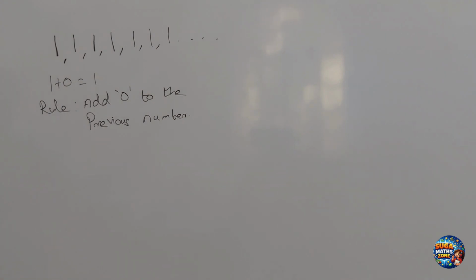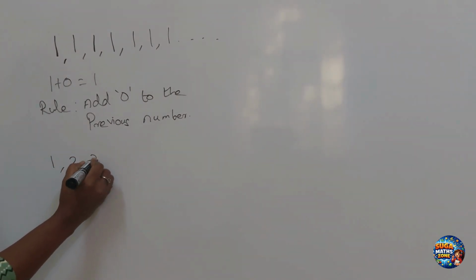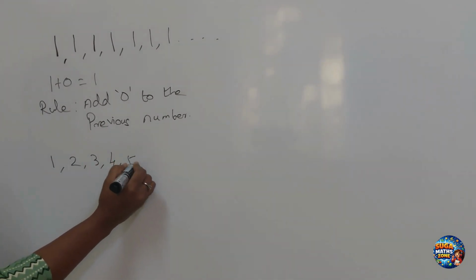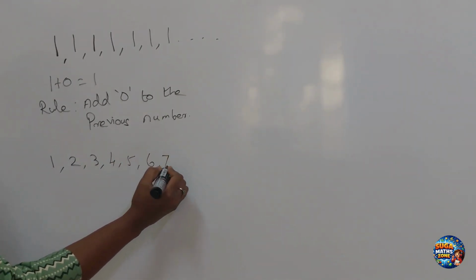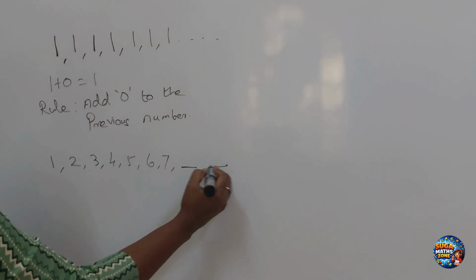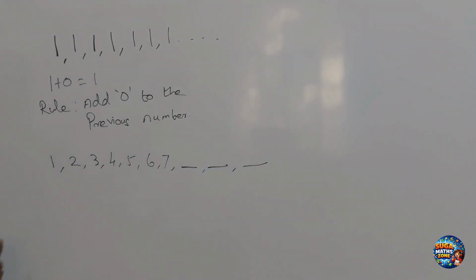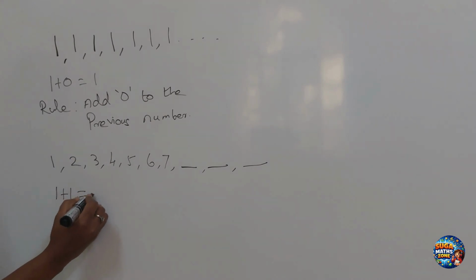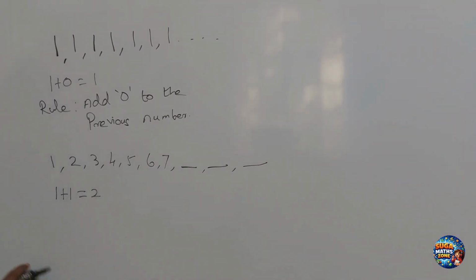The next one is counting numbers. They are giving us 1, 2, 3, 4, 5, 6, 7. After that you have to find the next 3 numbers. Here the rule is adding 1 to the previous number to get the next number.